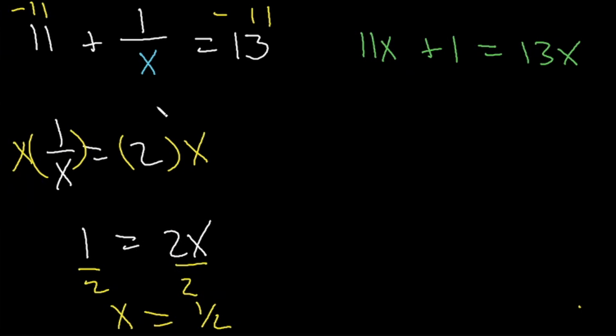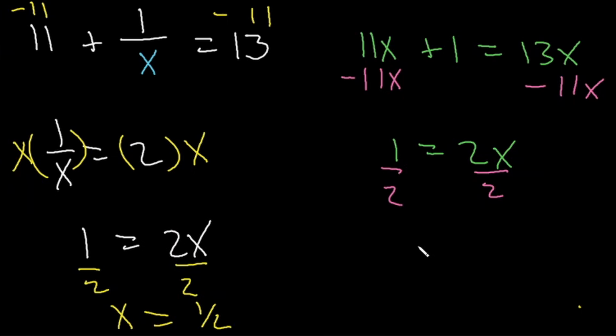So just like we could subtract an 11 over here, we can subtract 11x on both sides. So let's do that. Minus 11x, minus 11x. And we would get 1 is equal to 2x. And then we can divide by 2 on both sides, and we would get x is equal to 1/2. The same answer as before.